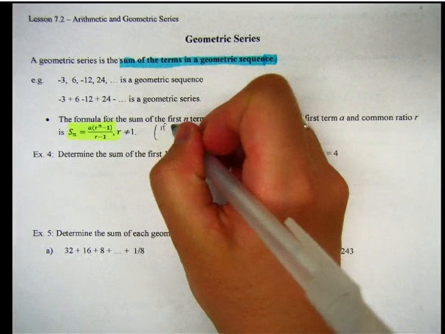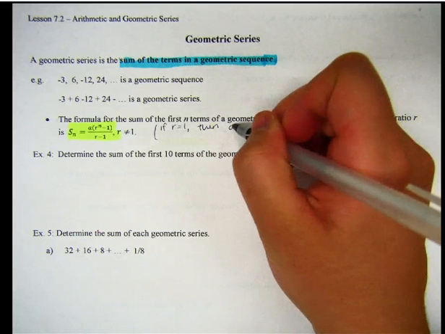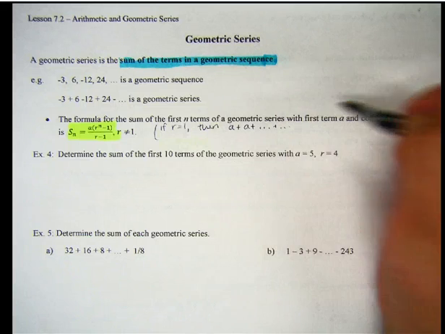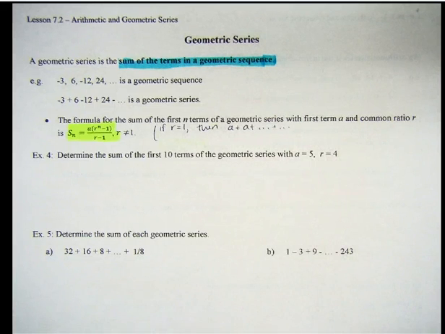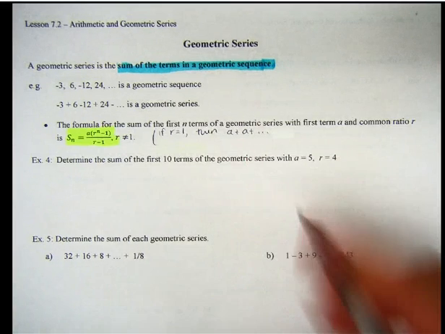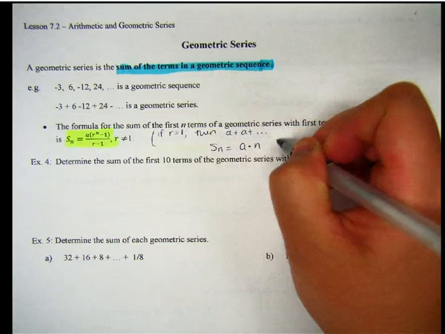If r does equal 1, then your sequence would just be a plus a plus, and so on. In which case, you would just get the sum of the first n terms as a times n.